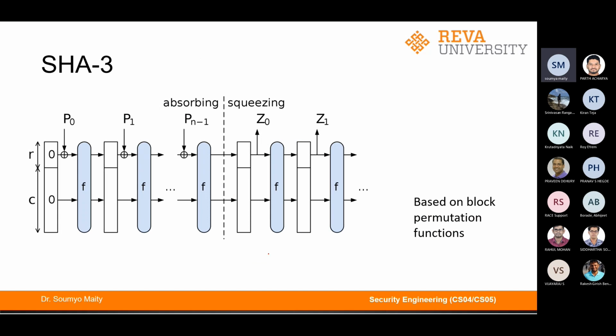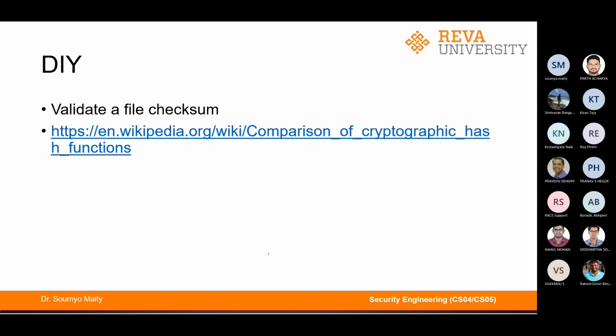SHA-3 is also there. SHA-3 is also not very popular, but it is a very acceptable hash function. We can use SHA-3 as well. We have just seen how to validate a file checksum. We started with that example. And if you want to see a comparison of different hash functions, you can go to this Wikipedia site.